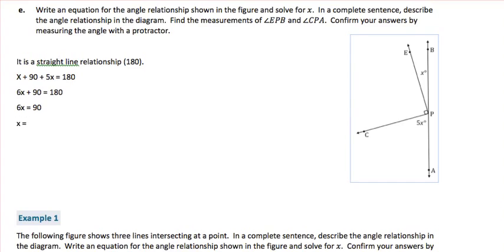And so it follows that x equals 15. So angle EPB is 15 degrees, and angle CPA is 15 times 5, which is 75 degrees.